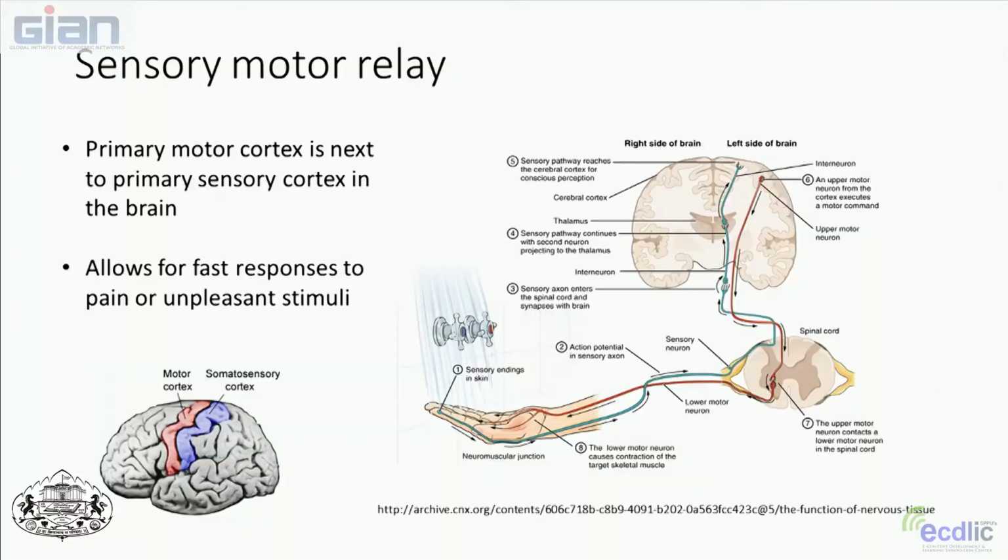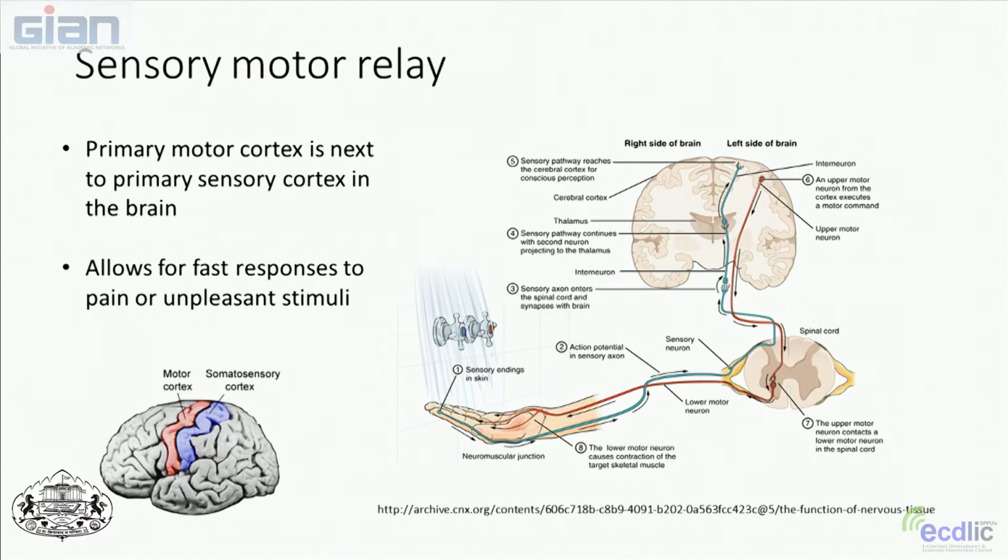I mentioned that the somatosensory cortex was right behind the motor cortex, and this allows for very fast responses because the regions are located adjacent to one another. Here's another one of those figures where we see what this path might look like.